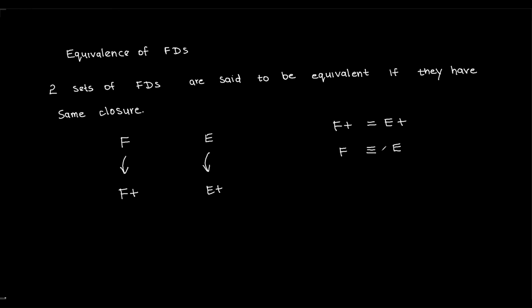So, what can we apply from this? Obviously, we have a definition, a condition that says if F plus is equal to E plus, then F is equivalent to E. What does this mean? You can apply this in a specific context: you can derive F from E and E from F. I hope you understood.